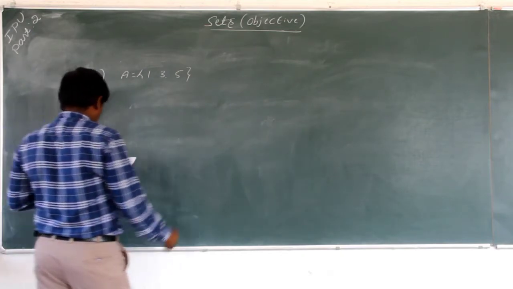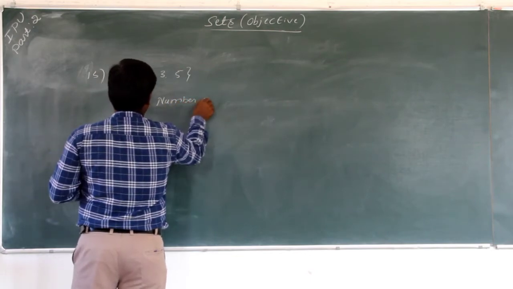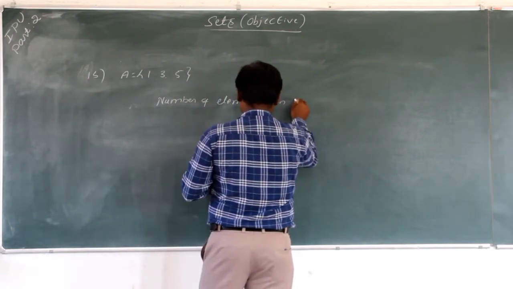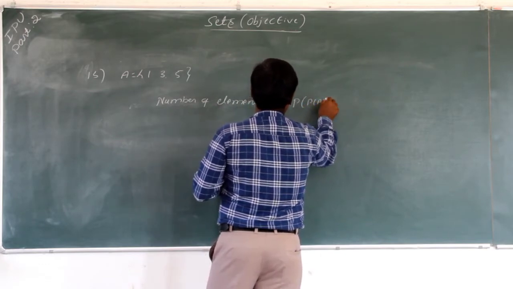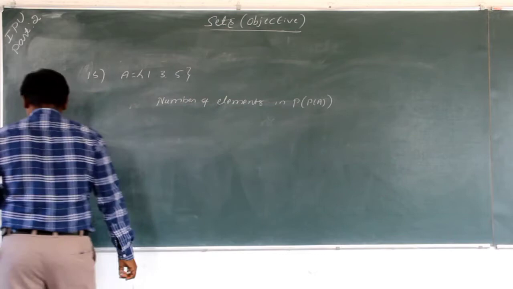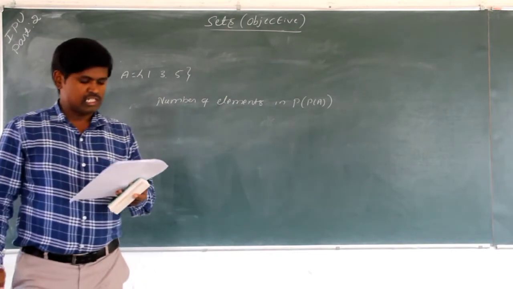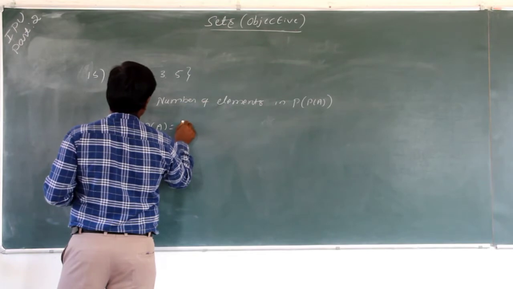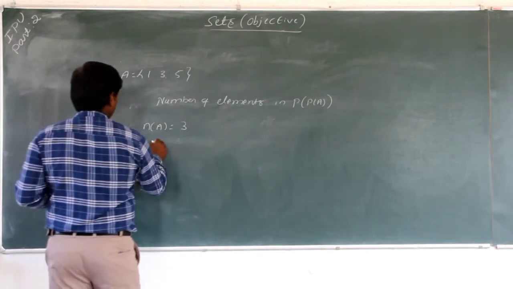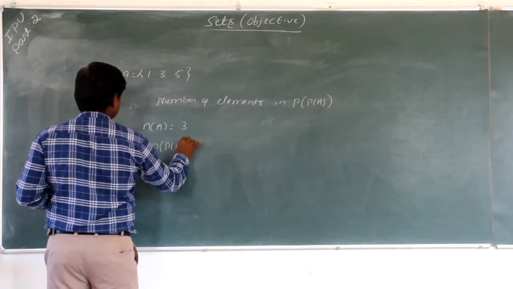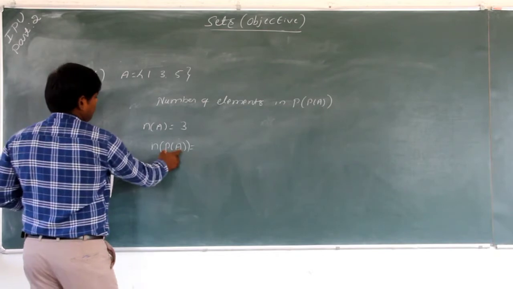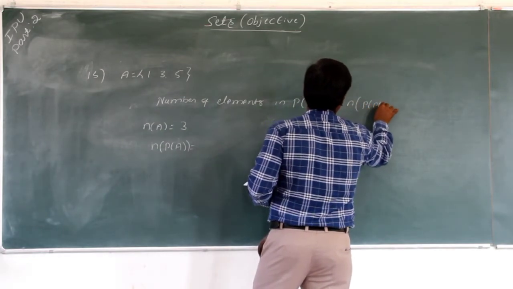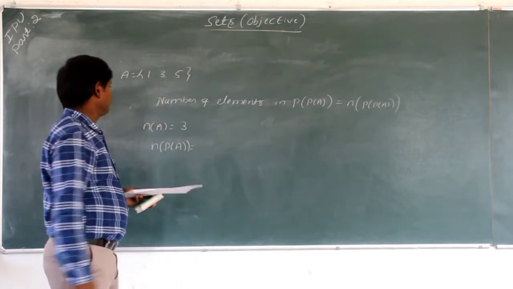Then find the number of elements in P of A. See here, it consists of three elements, so n of A is 3. Actually, we need the number of elements in P of A, that is n of P of A. Is it clear? First we have to calculate the number of elements in the power set.